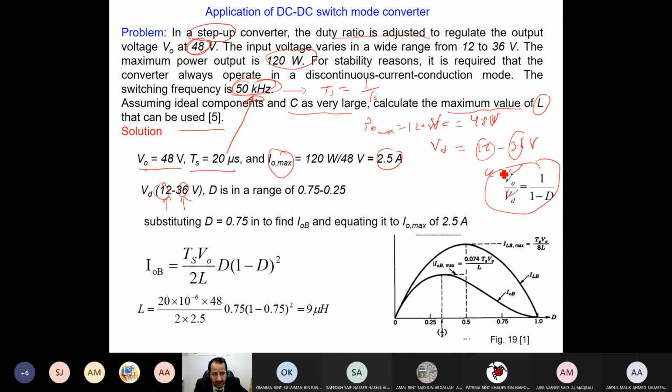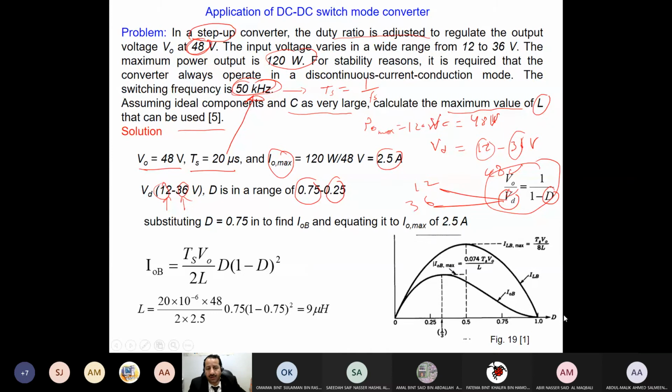VO is constant 48, but once I substitute Vin for 12 and once for 36 to get D. I got two D's. This is 1, this is 2. Okay, I got two D's. Now, what is next?